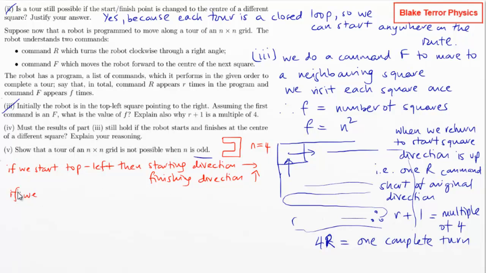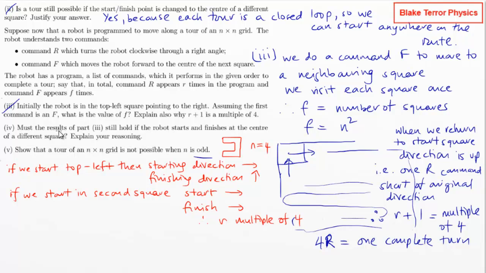If we start in the square to the right of that, in the second square, then the starting direction is still that way, and the finish is also in that direction. So therefore, in this case, little r will be a multiple of 4, not r plus 1, because we've gone back to the same starting orientation.